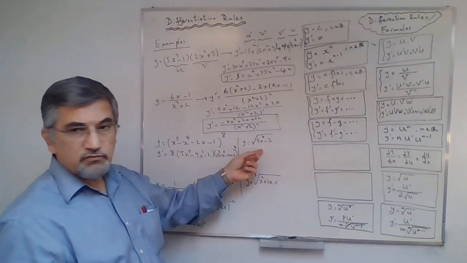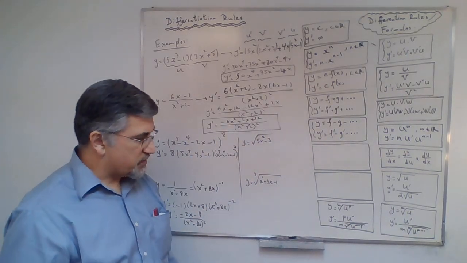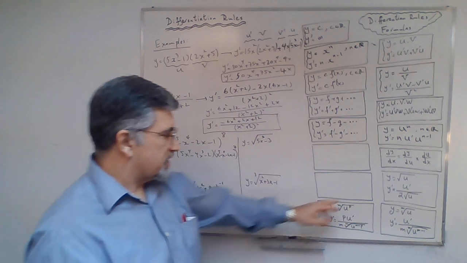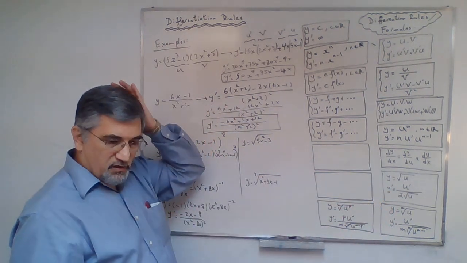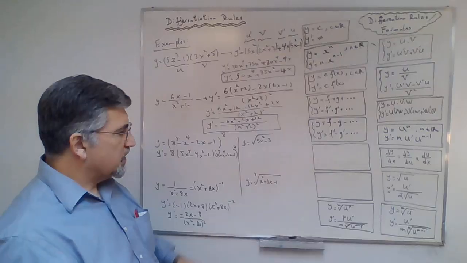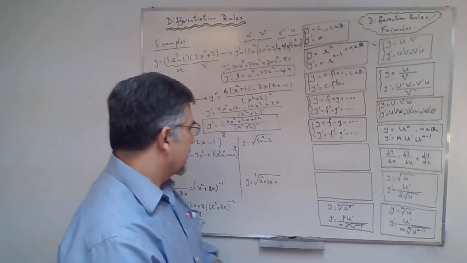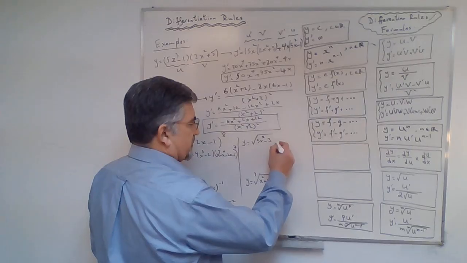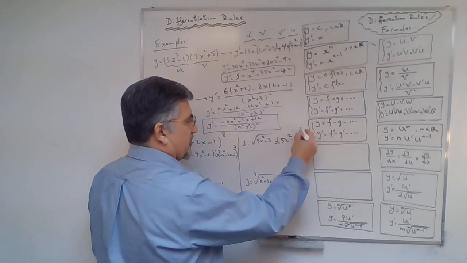This one is a square root function, okay? y equals square root of 5x squared minus 3. Whenever you want to do these questions, you can apply these shortcut formulas, which are results of actually the same formula. Like if you think about it, you can write this as 5x squared minus 3 to the exponent of 1/2.